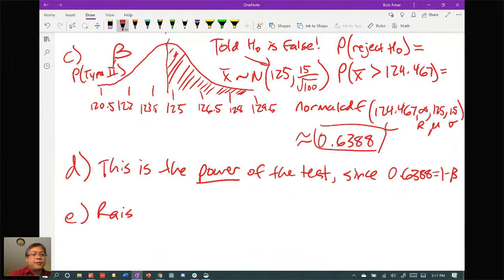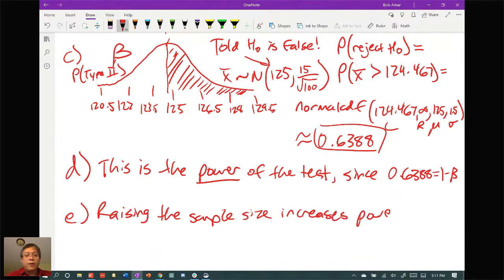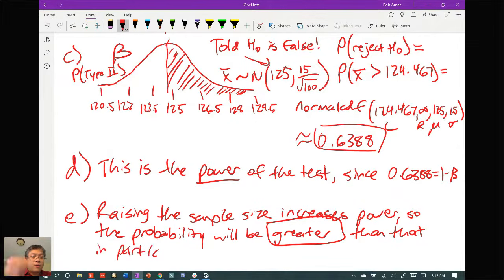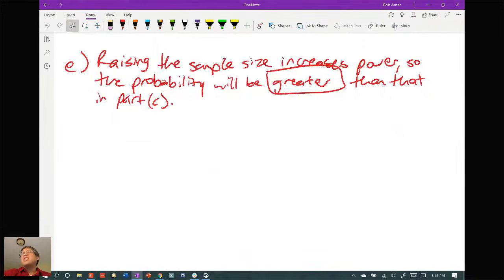Raising the sample size increases the power. So the probability will be greater than that in part C. That's honestly all you need to say.